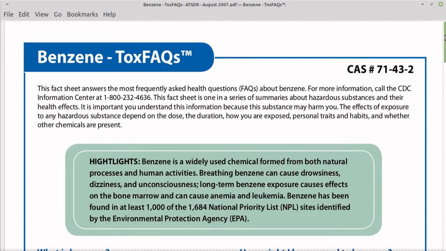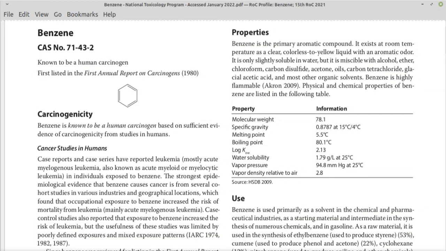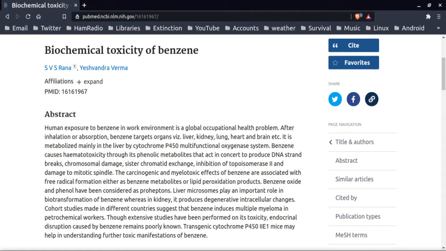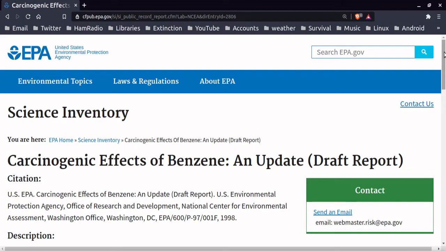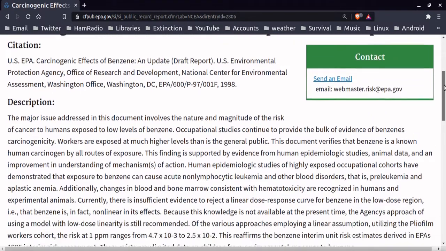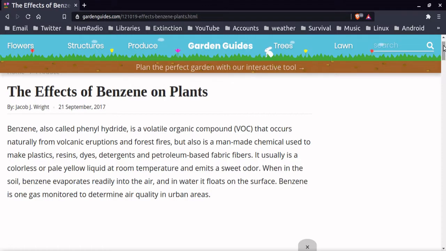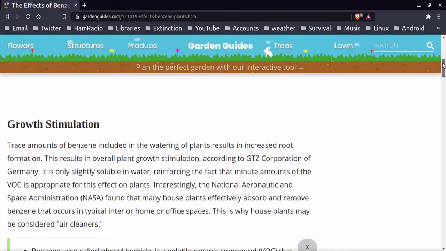Benzene. The human carcinogen benzene has been solidly linked to cancer, such as leukemia, and lots of other serious health problems. In addition to harming the brain, liver, kidney, lungs, and heart, benzene sabotages DNA by breaking its strands. High amounts of benzene in the air, soil, or water stunts plant growth.